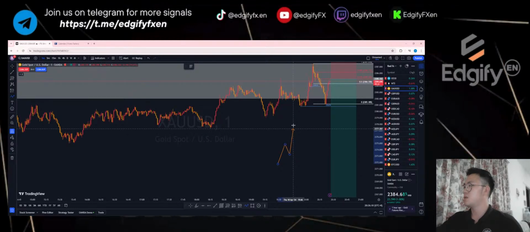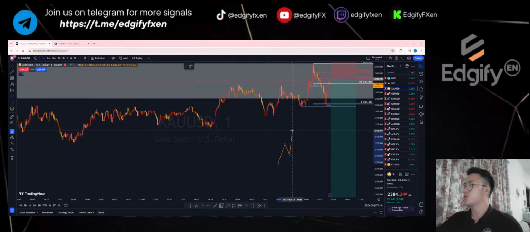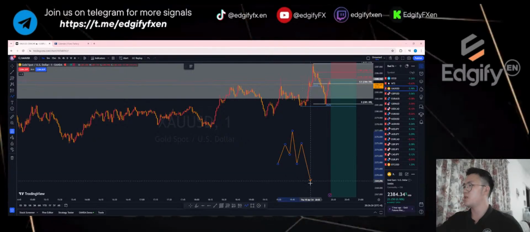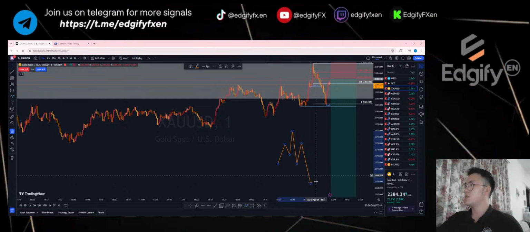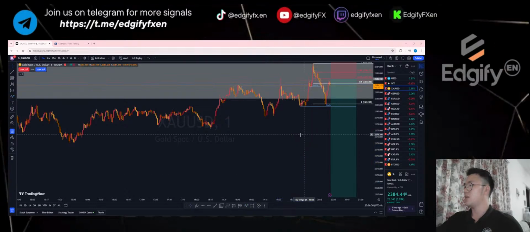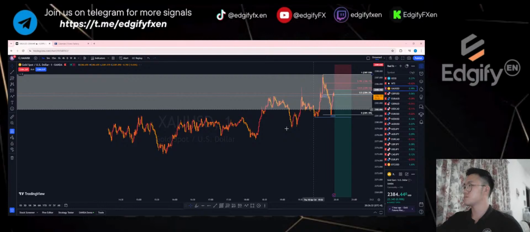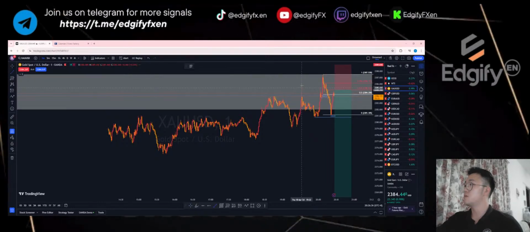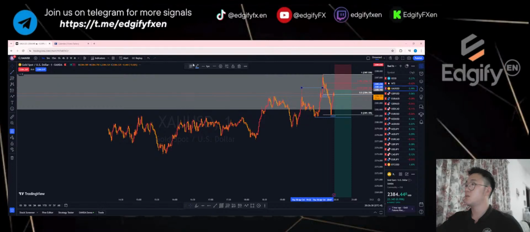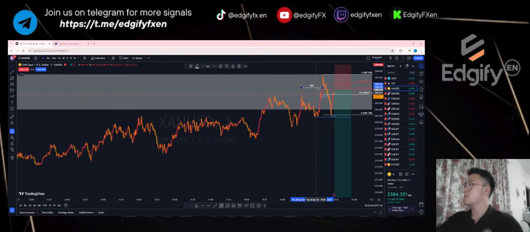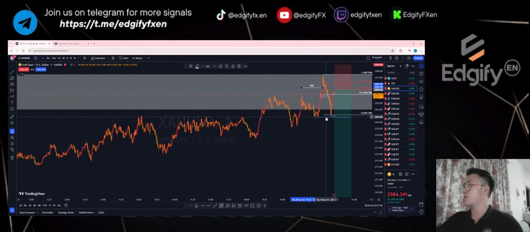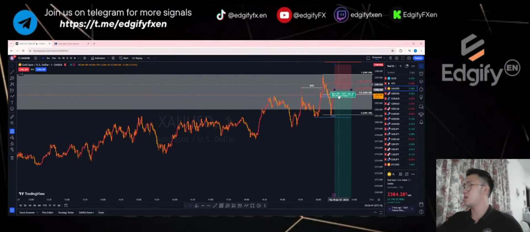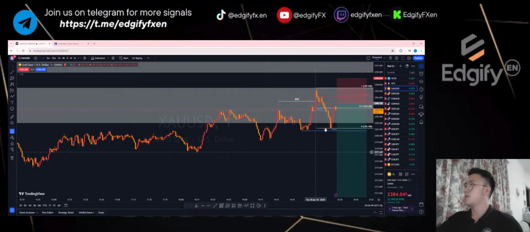In order to sell, you need this to break below here, break this price, retrace, and then we can dump. So that is what we see here on the 1 minute. We have this BOS. The price comes down, we need this to break below this low, and then a retrace back, and then we'll start taking a sell.